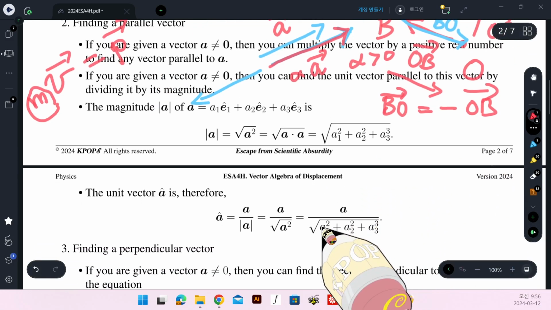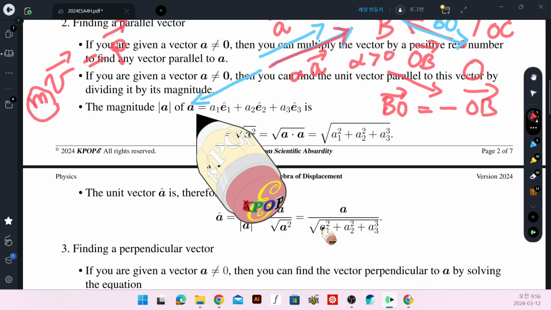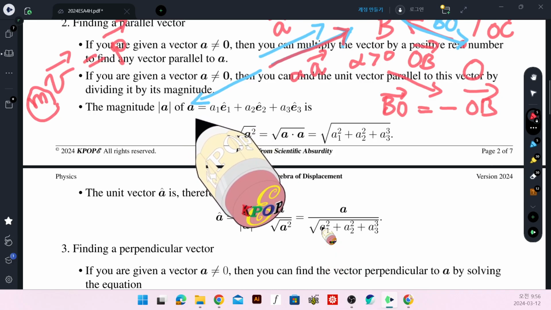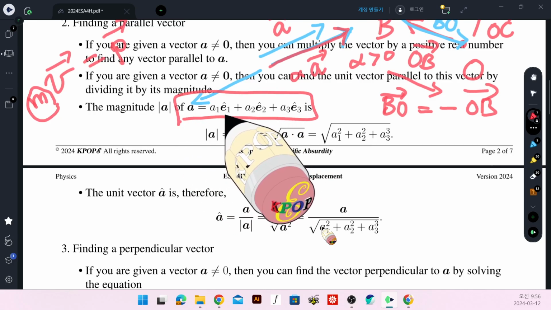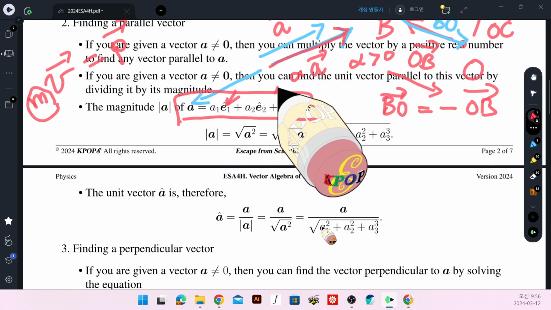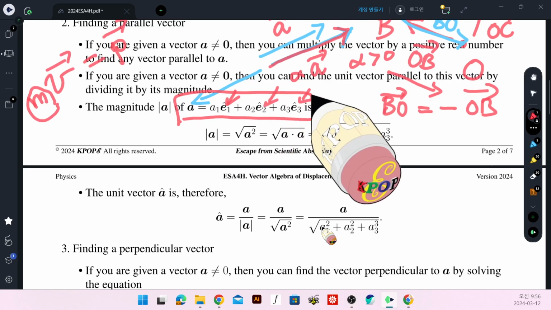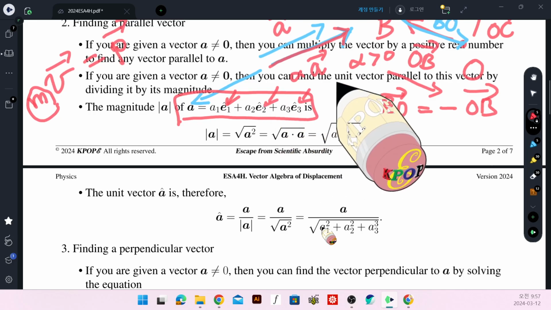Next, we can consider the unit vector. What is a unit vector? A vector can be decomposed into three pieces in terms of unit Cartesian basis vectors. They are E1 hat, E2 hat, and E3 hat. They are unit vectors that have a unit length, and that length means dimensionless.